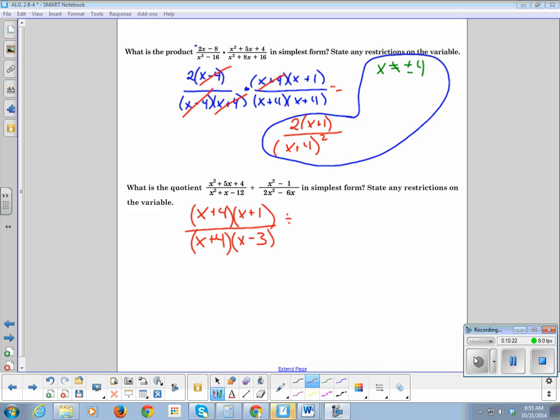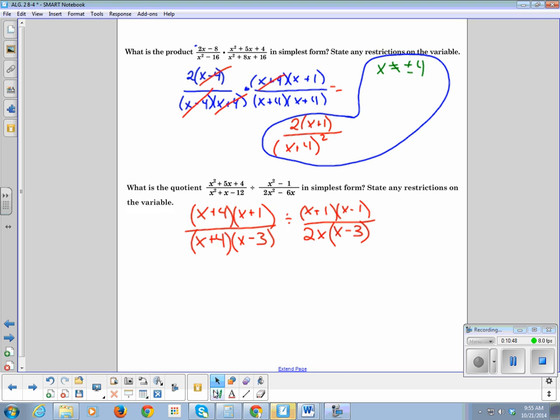That's going to be divided by x plus 1, x minus 1, divided by, let's take the 2x out, and we get x minus 3.